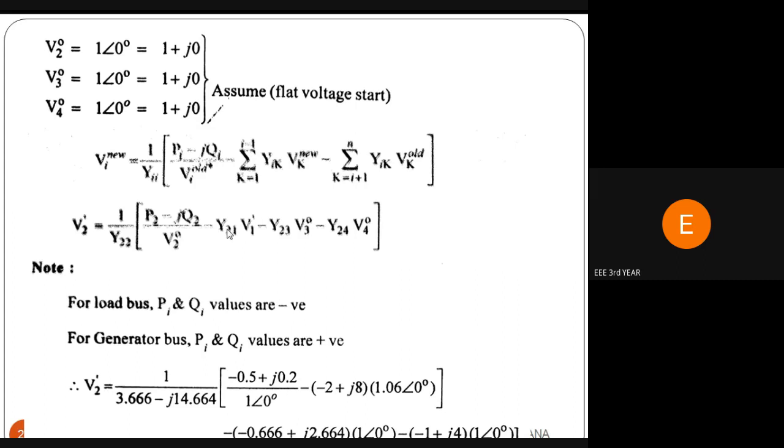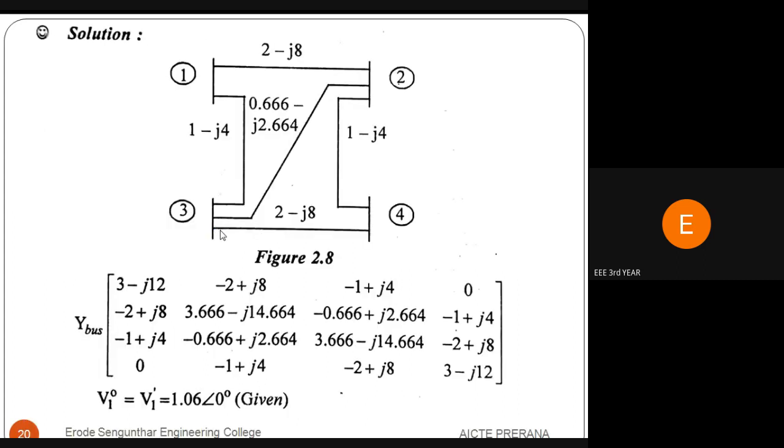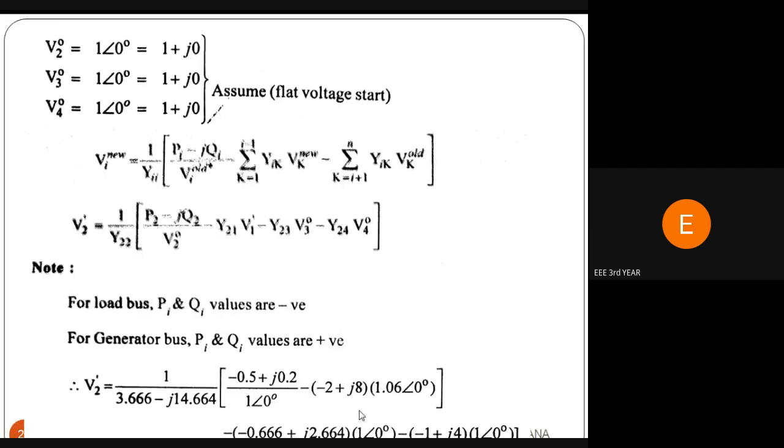Minus Y21. Y21 can be taken from the previous Y bus matrix. The Y21 value is minus 2 plus j8, into V1, 1 at an angle 0. And minus Y23, also taken from the Y bus matrix, that is minus 0.66 plus j2.664, into 1 at an angle 0, which is V3 old. The V3 old value is 1 at an angle 0 because everything is a load bus.